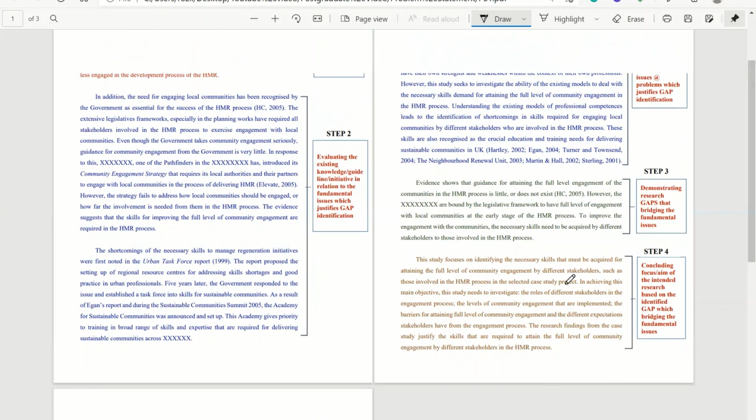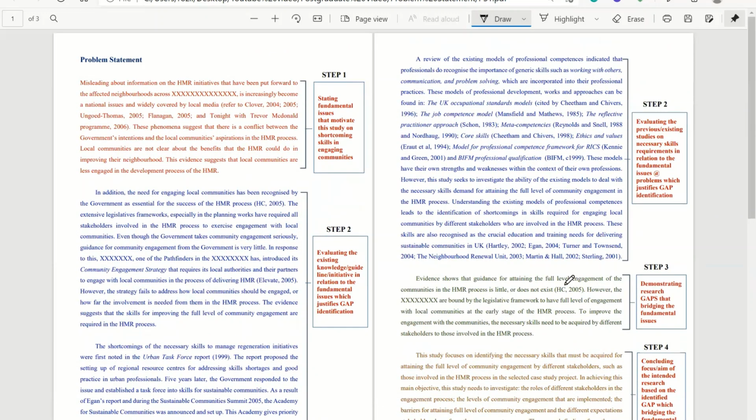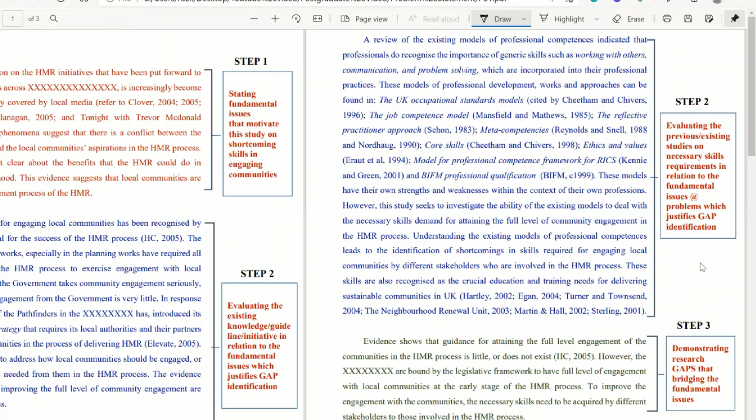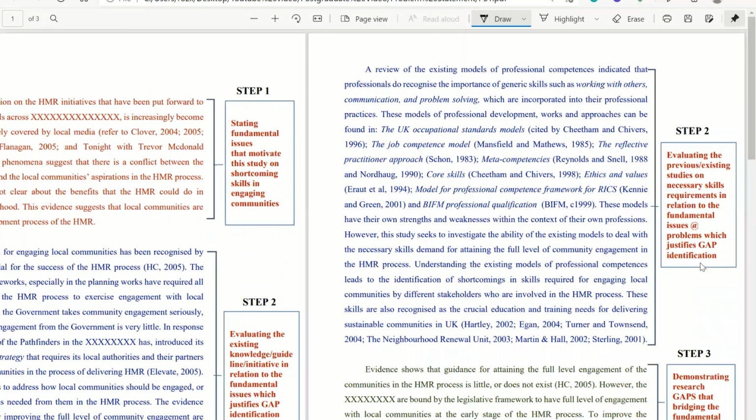Okay, and then we go to the fourth paragraph. Again for the fourth paragraph, if you look there, they still also discuss the existing skills, the existing professional competence.